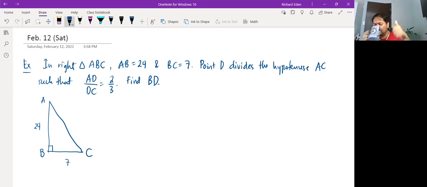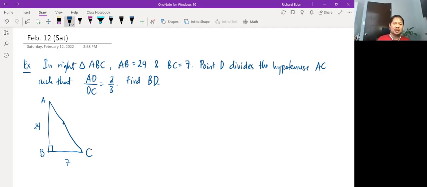Over time we just remember these triples: 6, 8, 10; 5, 12, 13; 7, 24, 25; and 9, 40, 41. Anyway, AD is shorter than DC. They're parts of the hypotenuse.